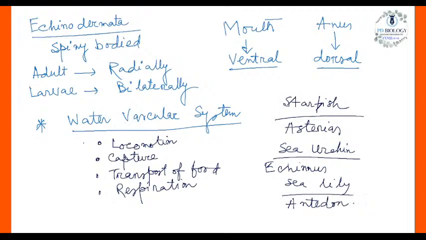Remember this one. Matching is a common question in this group. Sea urchin, sea lily, starfish are given in column A, and the scientific names are given in column B. This type of question is frequently asked. So moving to the next part.